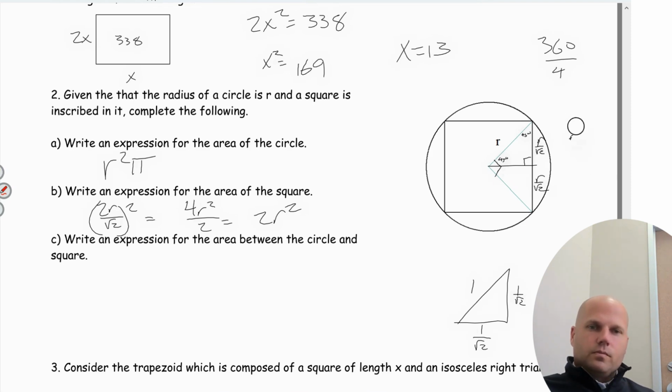Wow, that's cool. R squared pi minus 2r squared. It's good.